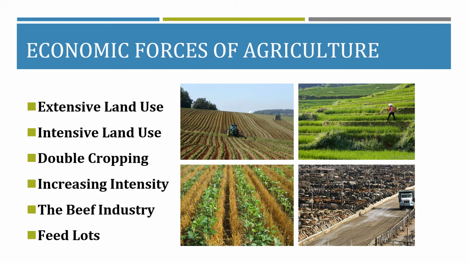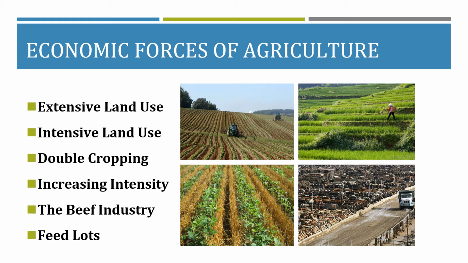Intensive land use means you are going to work the land very, very hard. So you are going to get a lot out of a smaller plot of land. So this might be closer to a city because the land costs are going to be more expensive. Intensive also many times includes what is called double cropping, where you are trying to get two crops on the same land in 1 year.